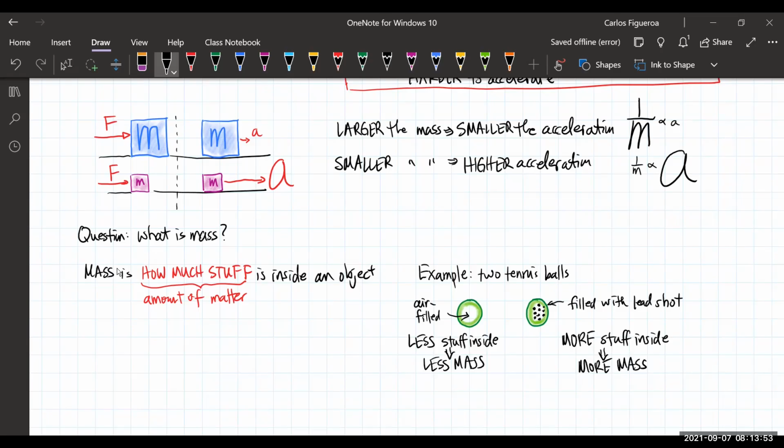So that's a very, very simple way of trying to define what mass is. But believe it or not, that's not the definition of mass. What is the more precise way to define mass?